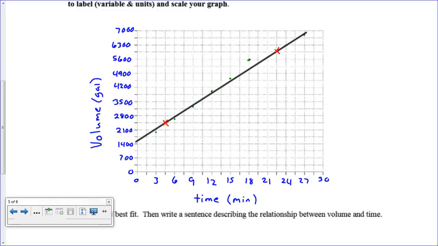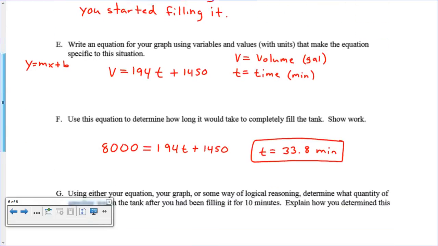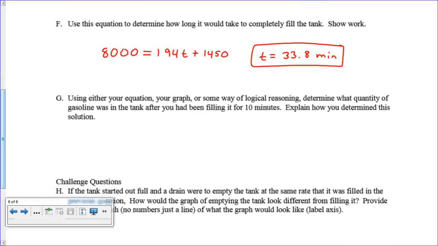So 10 minutes here is about here. All right, and then we'll trace it over. It looks like it's right about here. So it looks like right around 3,500 gallons. And we just did that by graphical inspection.